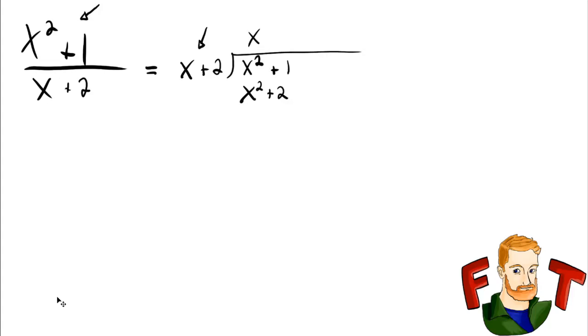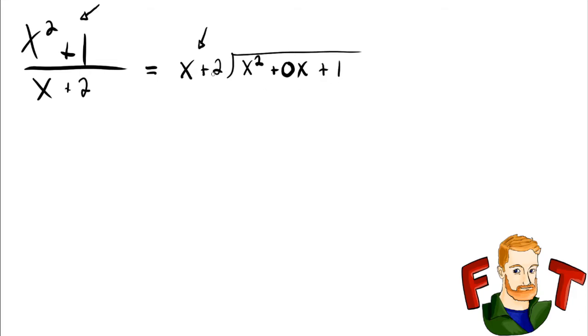So the way to set this up is actually like this, plus 0x, because even though there aren't any first degree terms, when we're working through this you're going to create a first degree term when you divide it. So plus 0x plus 1.